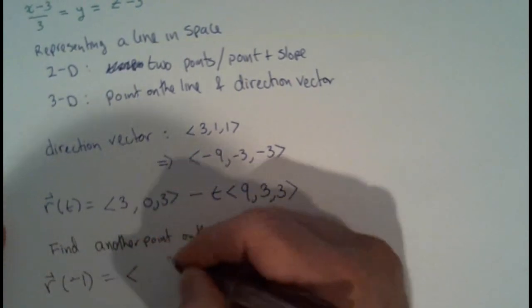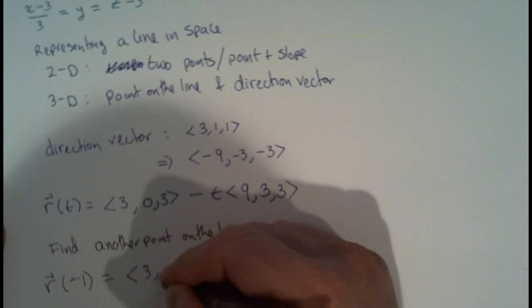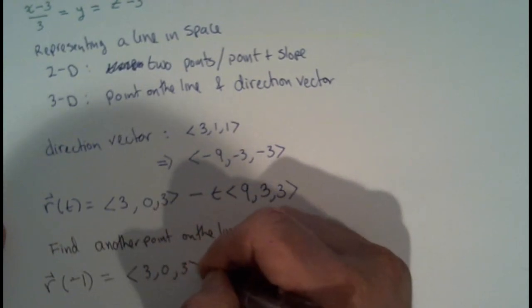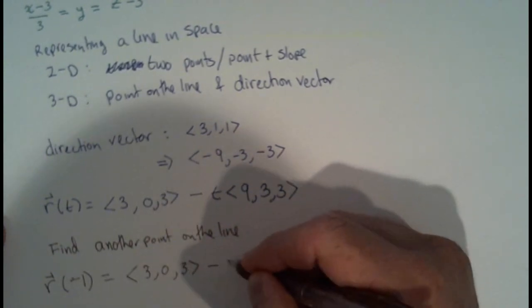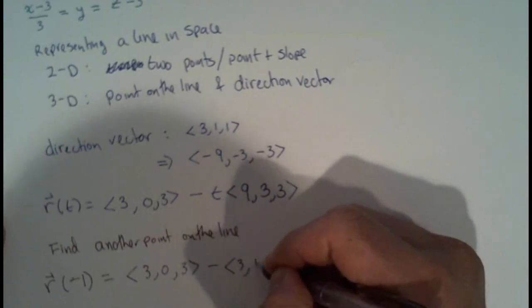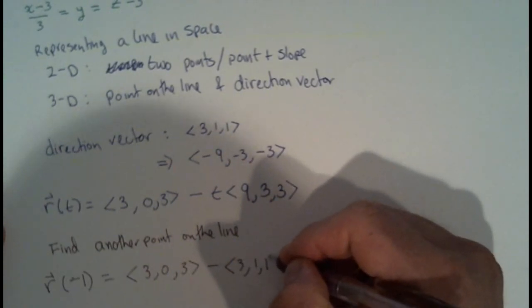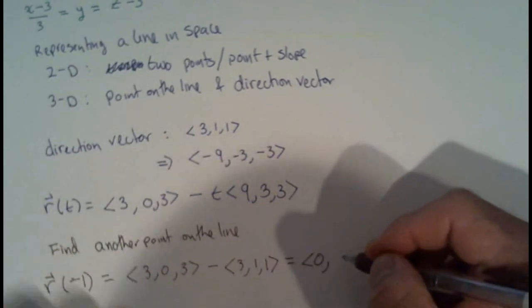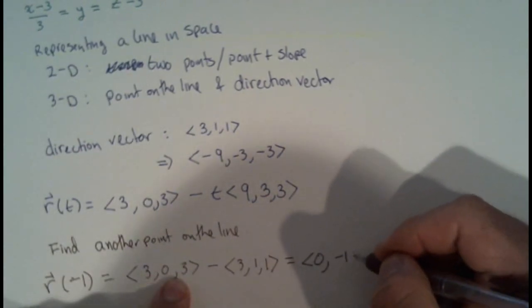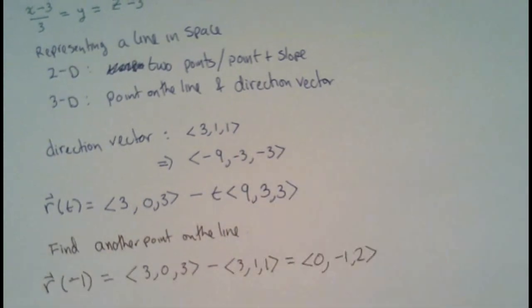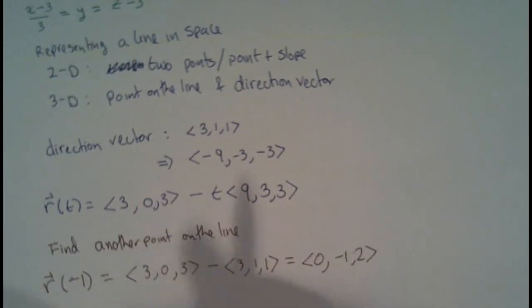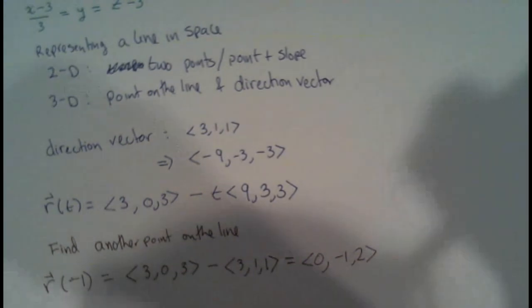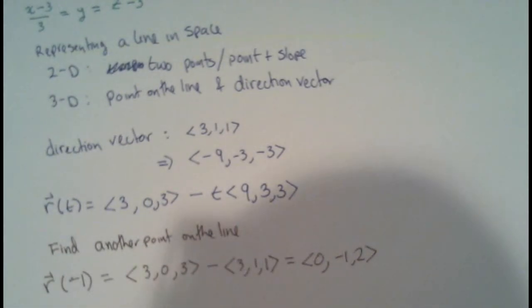Again, I just chose that. It's a parameter. I can choose any value for t, since it is defined from -infinity to +infinity. And doing that, we get 0, -1, 2. Now, this is a vector starting from the origin, and it has its tip at the point 0, -1, 2. It's also a point on the line.